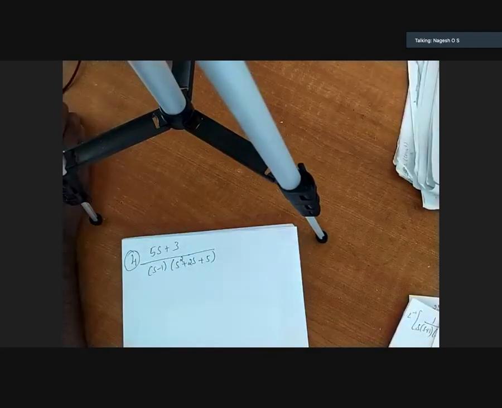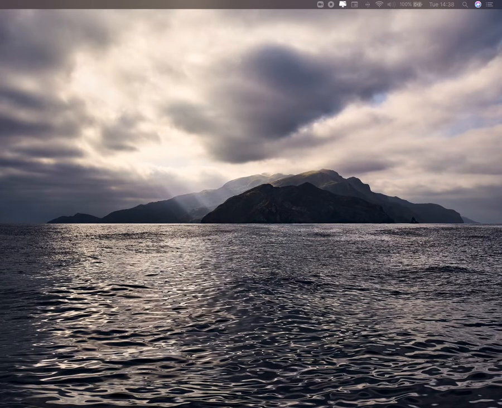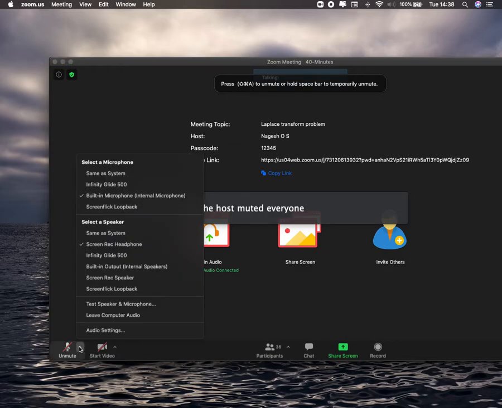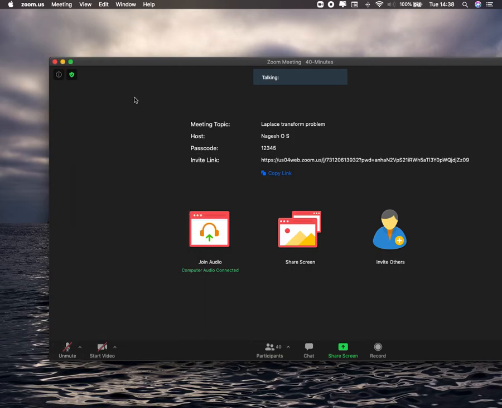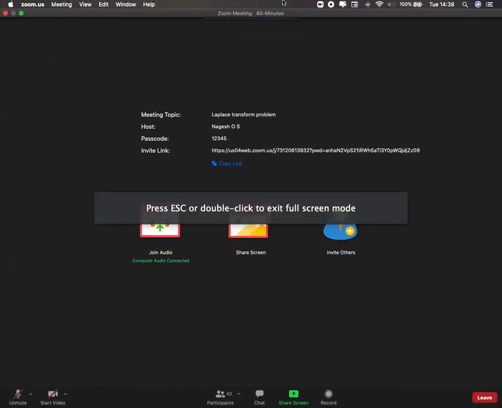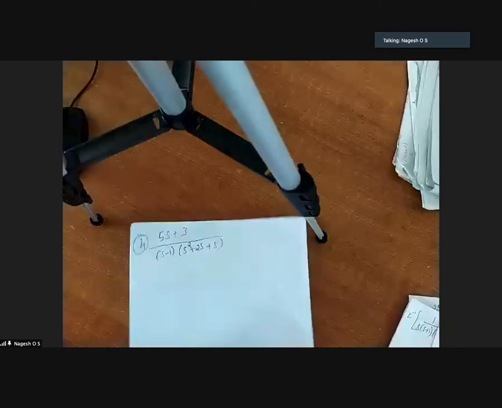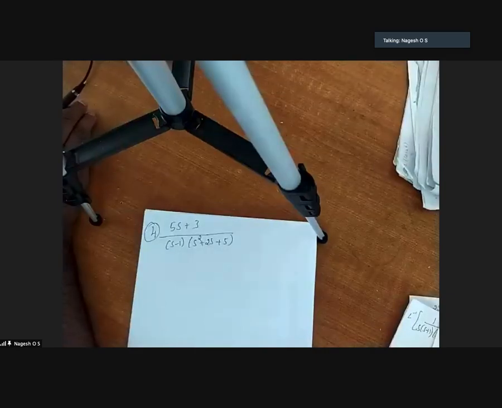Those who understood the previous one, try this problem.